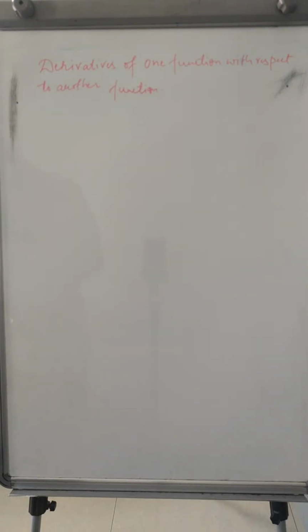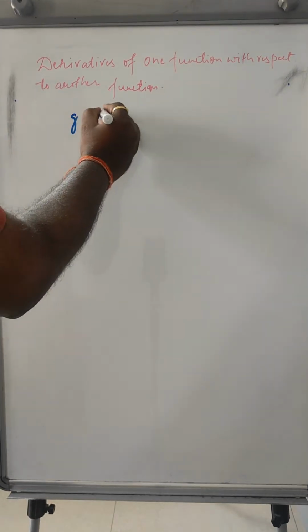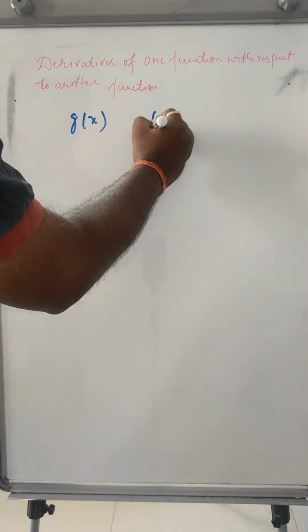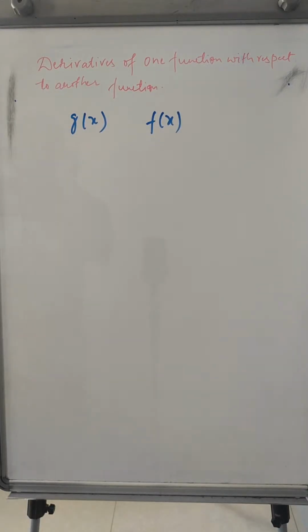So what is this? It means if there are two functions, like g of x and f of x, with x, so the function of x. Now we have to find the derivative. How will we find it?